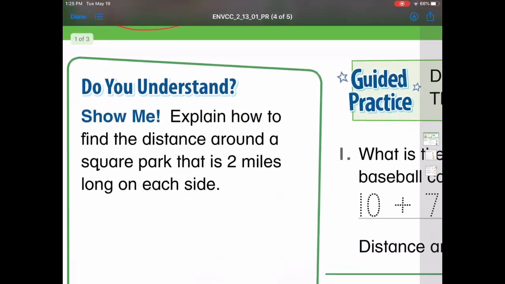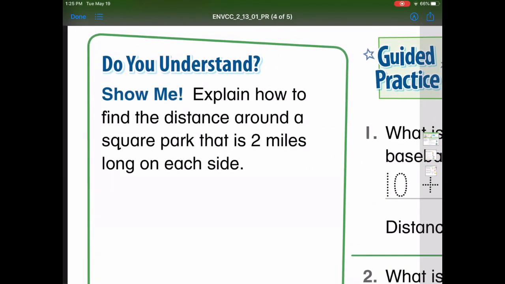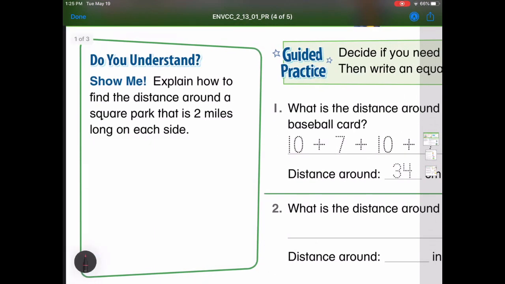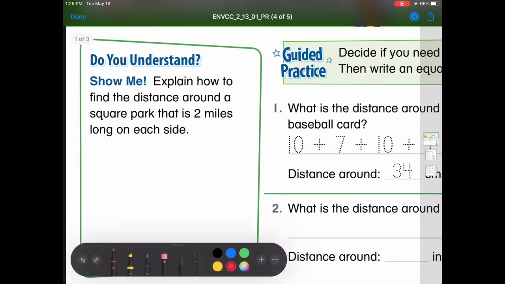Let's look at do you understand? Here's your challenge question. Explain how to find the distance around a square park that is 2 miles long on each side. So you have a park like that. I'm going to draw a better square. I'm going to make it green because it's a park.